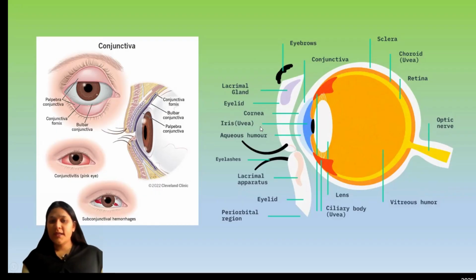Okay, so let's start. This is my eyelid, this is my conjunctiva, and these are my eyelashes. These three things I have told you.